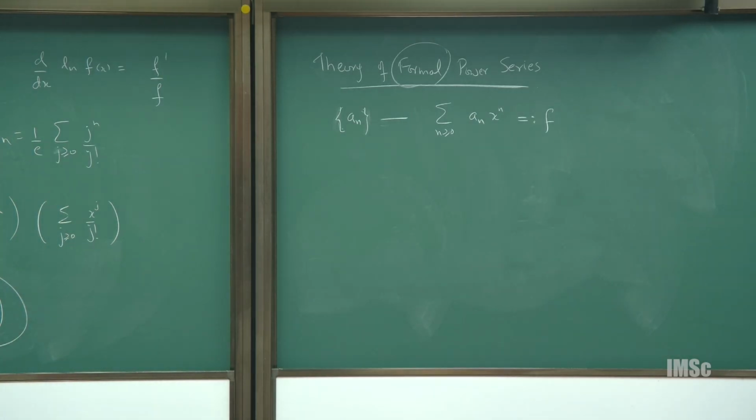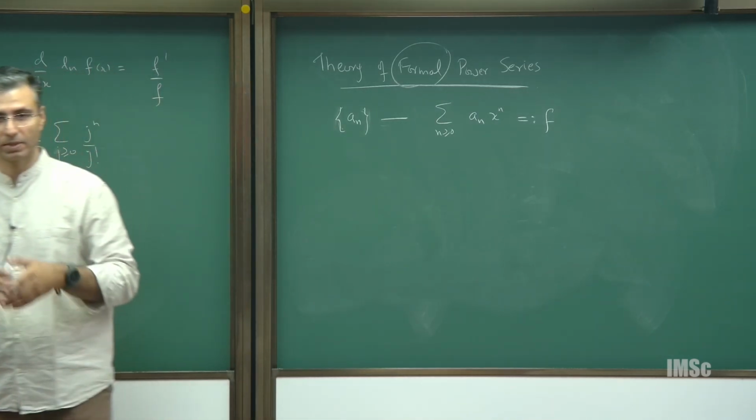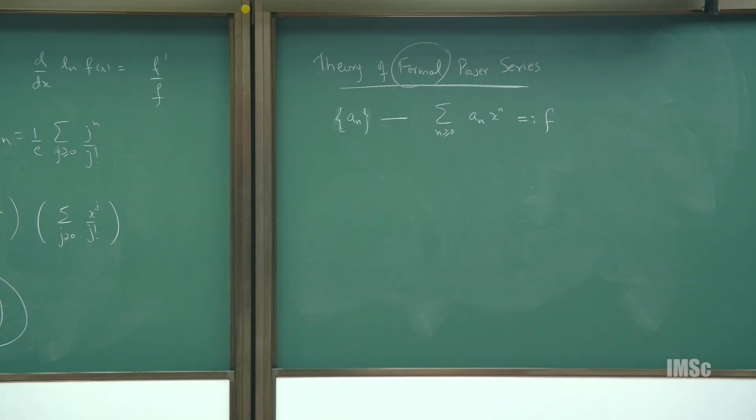When we think of power series, we always worry about convergence and so on. What is the radius of convergence of the power series and so on, right? So we are thinking of it as a function that we are going to evaluate on a certain region of maybe the real axis or the complex plane or something, right? So for power series, we always worry about notions of convergence.